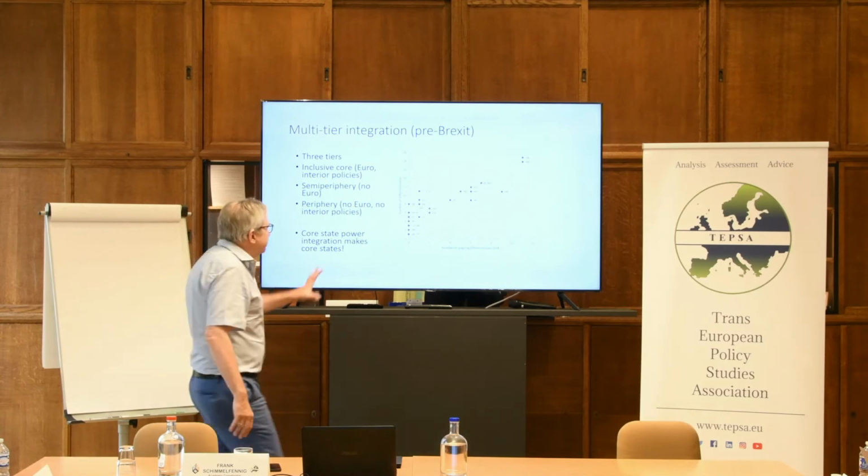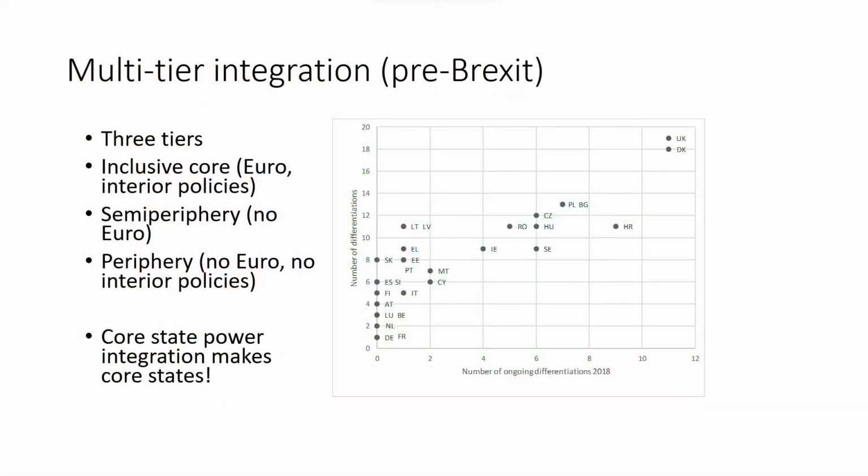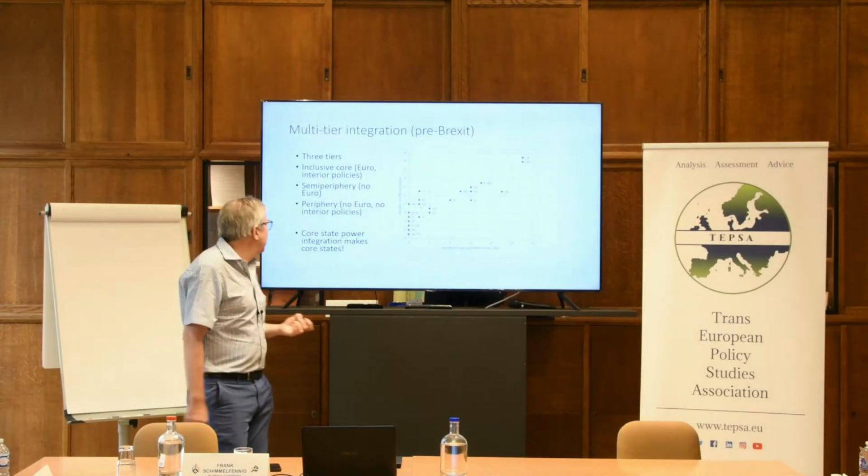And this makes the core of fully or almost fully integrated member states by far the largest group in the European Union. So this is not your exclusive core, which dominates a broad number of peripheral member states. This is rather an inclusive core, where some mavericks are allowed to stay out.